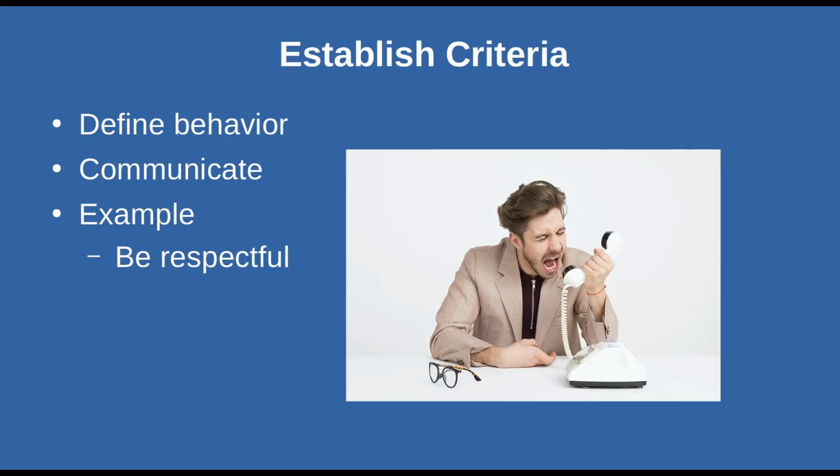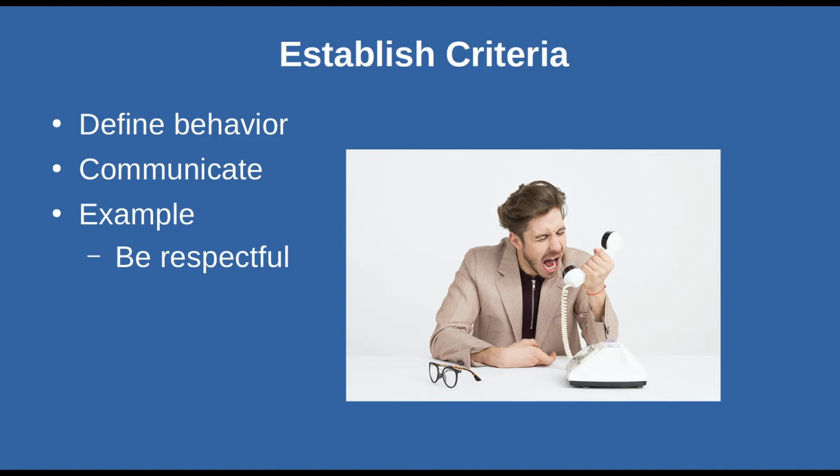First, you have to establish a criteria, and that involves defining the desirable behavior that you want, and also perhaps defining undesirable behaviors that you no longer want. The main thing with this first step, if you will, is communication: being able to clearly delineate exactly what you want and expect from the students.